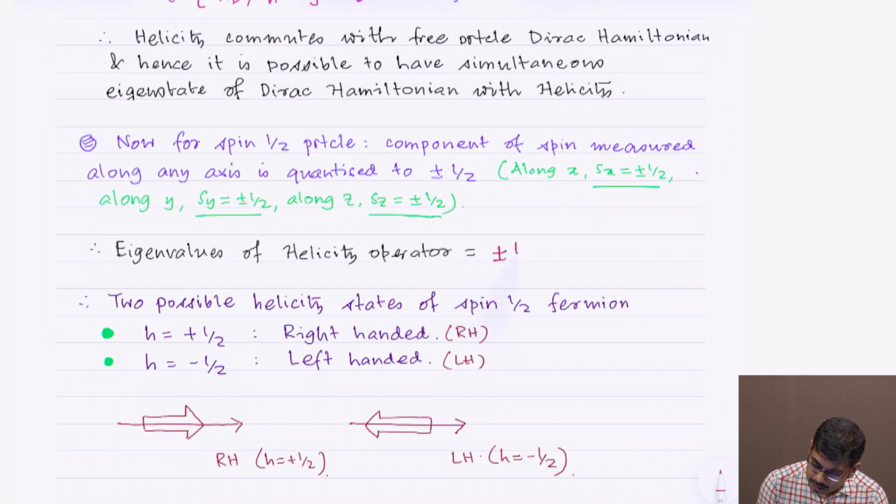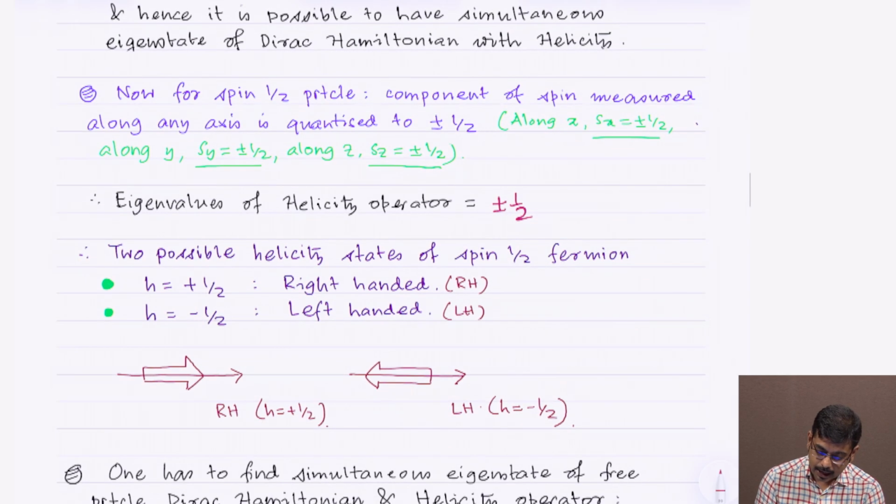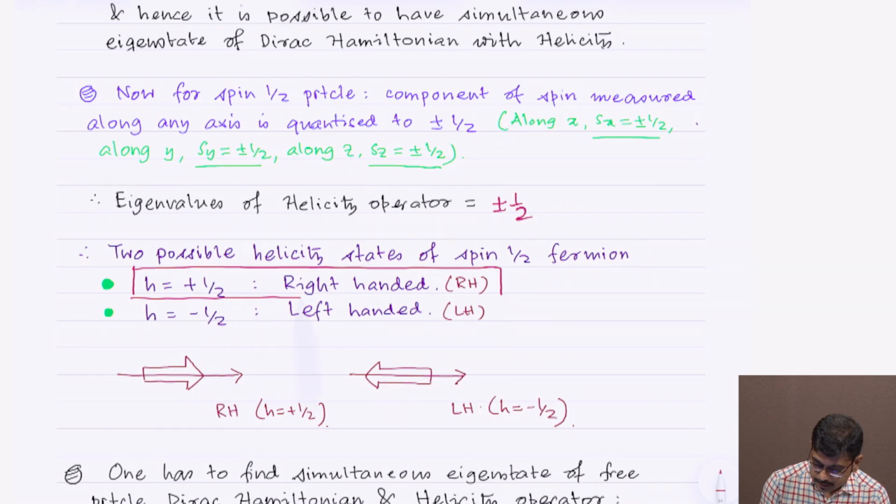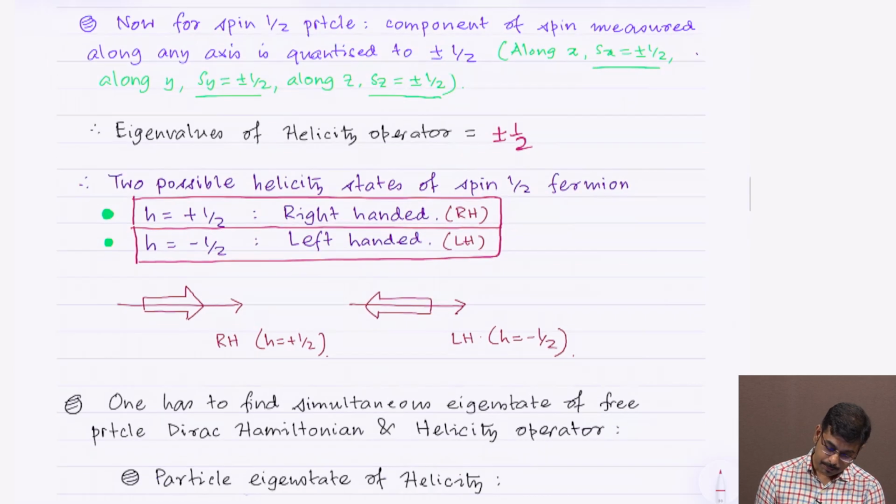When the helicity is plus half, this is the definition of a right-handed fermion, or RH, and when the helicity is minus half, I will call this a left-handed fermion, or LH.